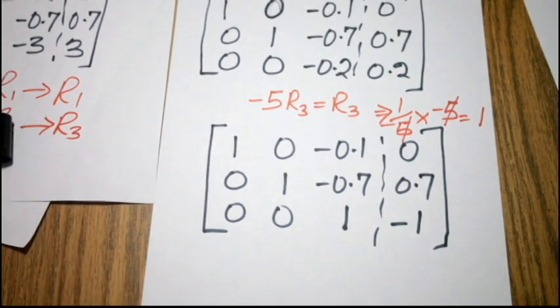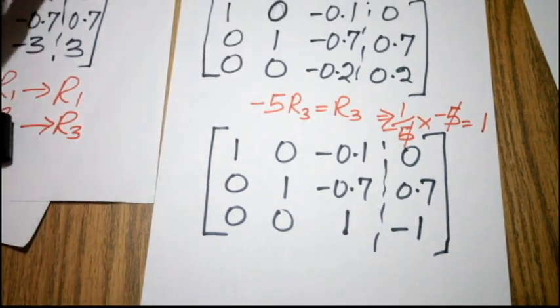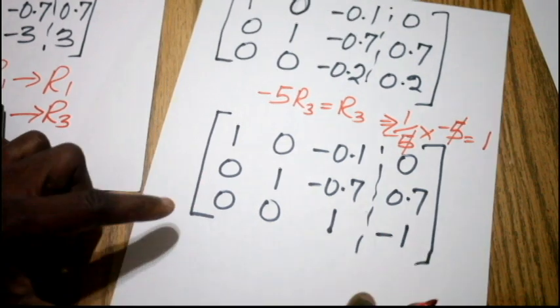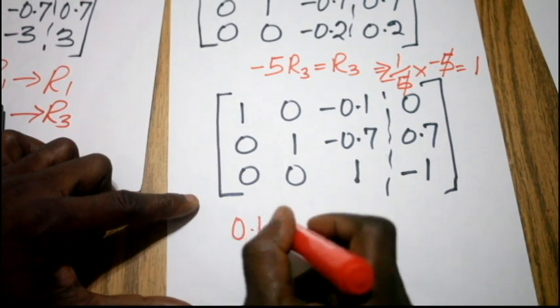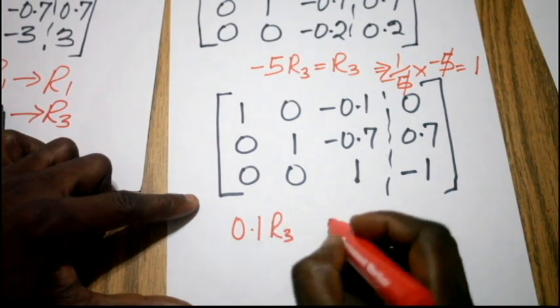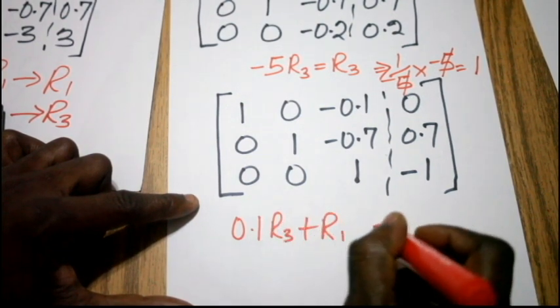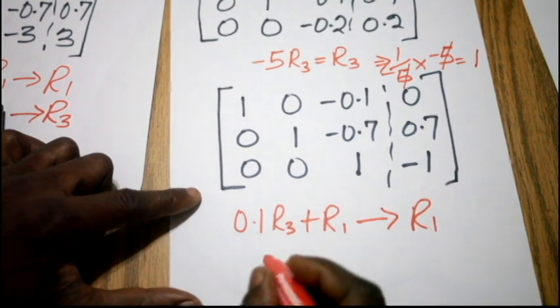So I'm going to have a new formula that I'm going to use to reduce that. So let me generate the formula. I have 0.1 R3 plus R1 will give us the new R1.